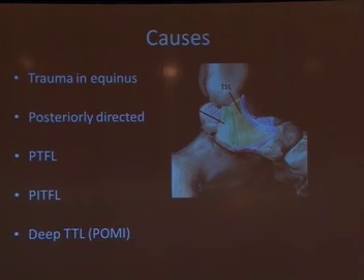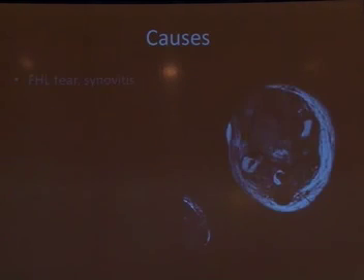It's often associated with injuries to the posterior tibiofibular ligament, posterior talofibular ligament, the posterior inferior tibiofibular ligament, which is the syndesmotic ligament, and it can also affect the deep tibiotalar component of the medial deltoid complex. It's often referred to as the posteromedial impingement syndrome.